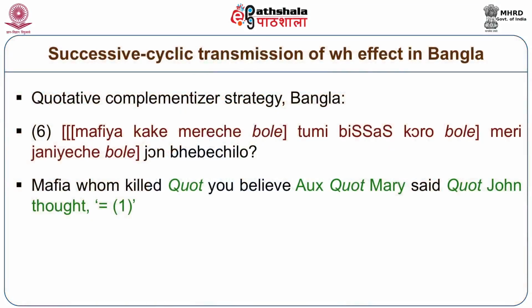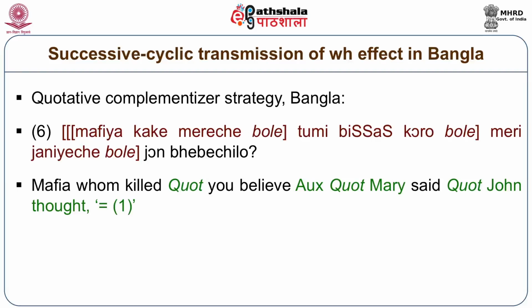For example, the Bangla sentence 5, which is "mafia kake mereche bole tumi bishwash koro bole Mary janiyeche bole John bhebechilo," is a translation of sentence 1 in English: Whom did John think Mary said you believe the mafia had killed? What you get in Bangla is that the WH phrase whom, the Bangla form is kake, remains in the lowest embedded sentence.